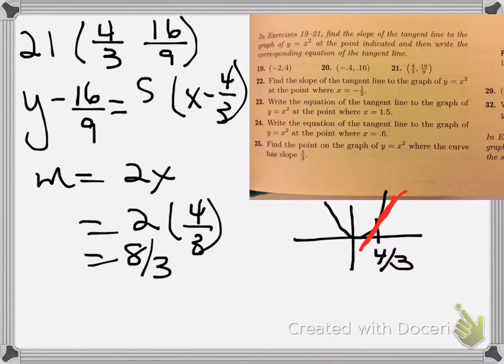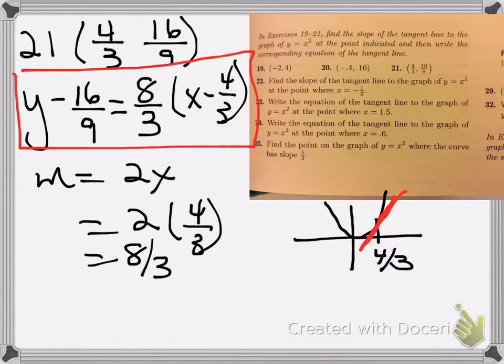So I'm going to put 8/3 where I have the spot left for the slope, and that red line in this red box is the slope of that line drawn to the parent parabola.